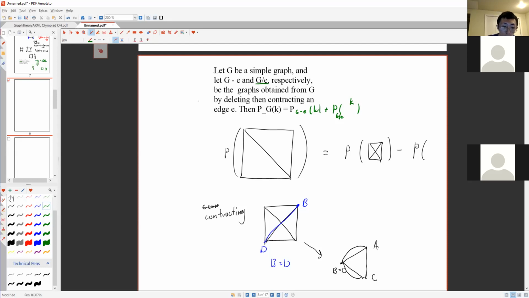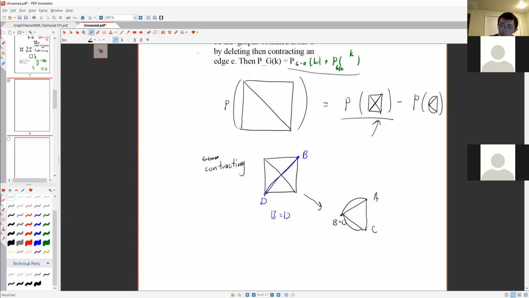Normally the way you apply this theorem is if you're missing an edge, you take the chromatic polynomial of the thing with the edge still there, and then you minus the thing with the edge contracted. So it'd be minus the chromatic polynomial of this graph.